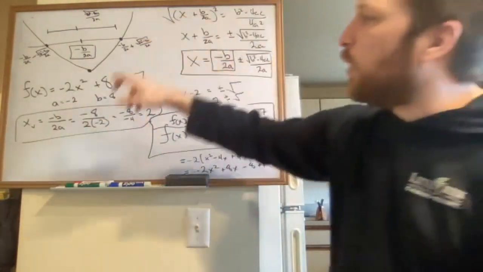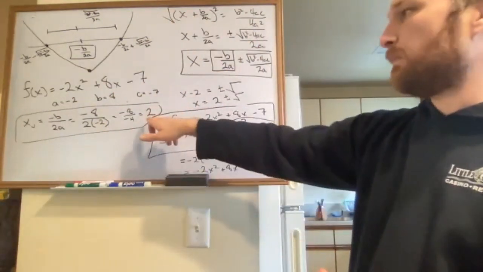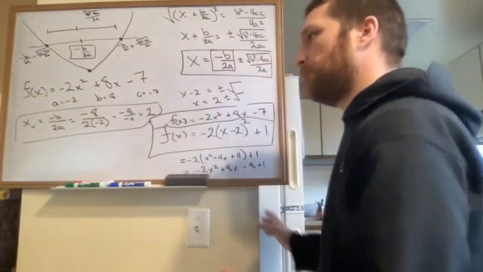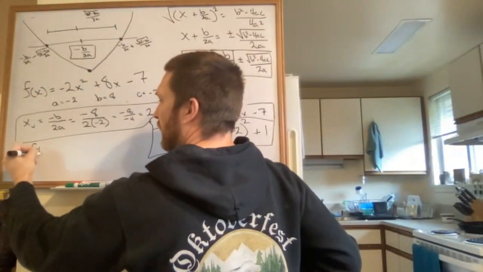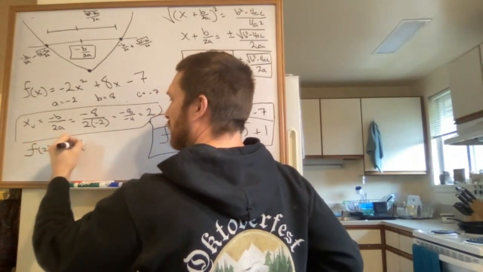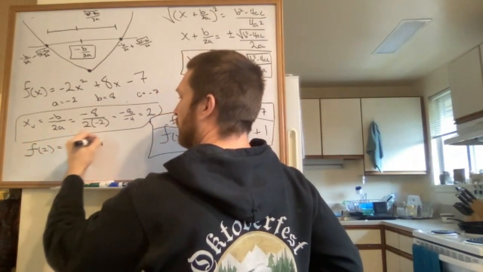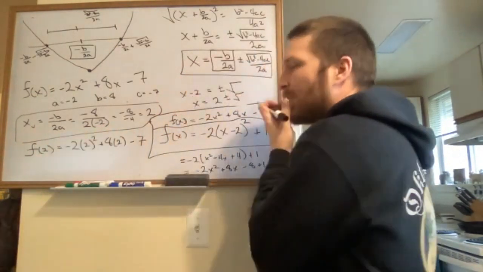So if I want to know what the y value is when the x value is 2, I just plug in 2 right there. So let's do it. f of 2, the output value, will give me minus 2 squared plus 8 times 2 minus 7, just like that.